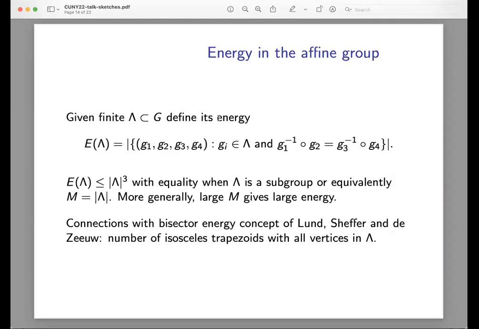Why the word energy? That's a very good question. I can't really say myself, but there is the definition on the next line of the slide, and you see this is symmetric. So you have G1 inverse composed with G2. You're interested in how many ways a general transformation G can be written as G1 inverse composed with G2.